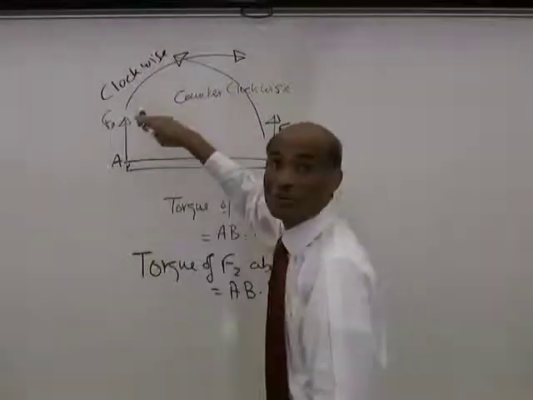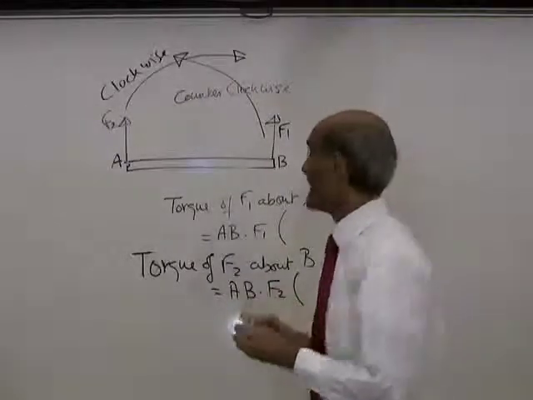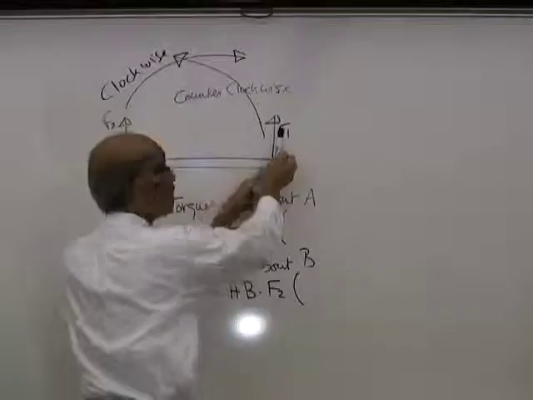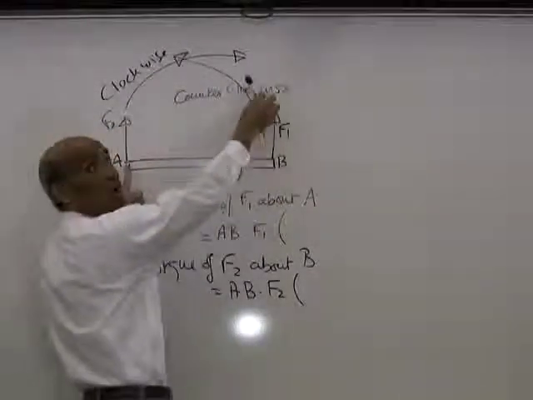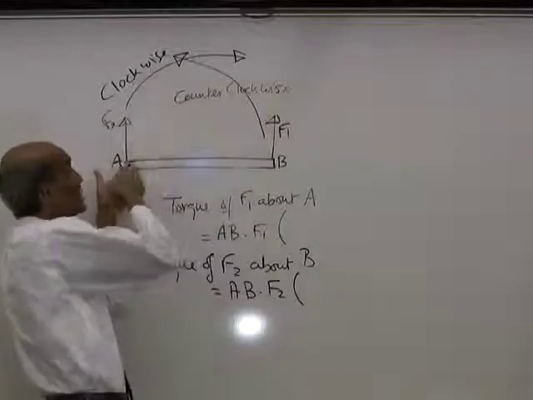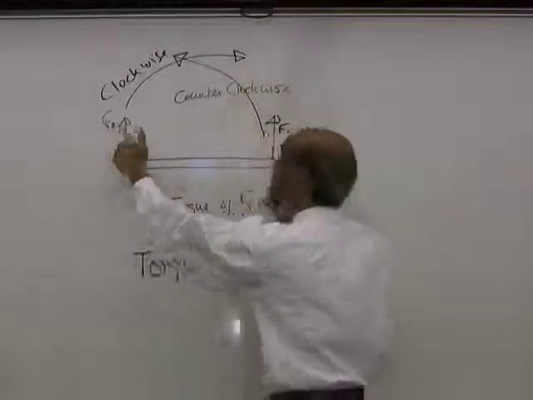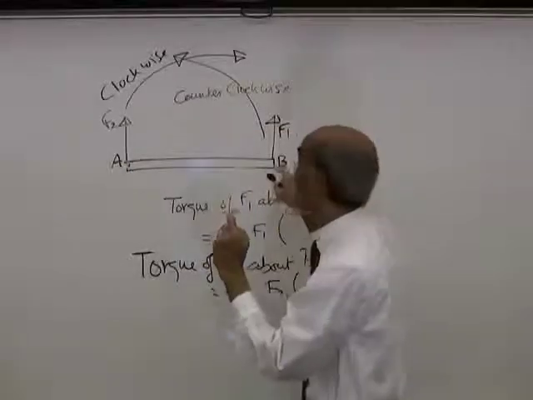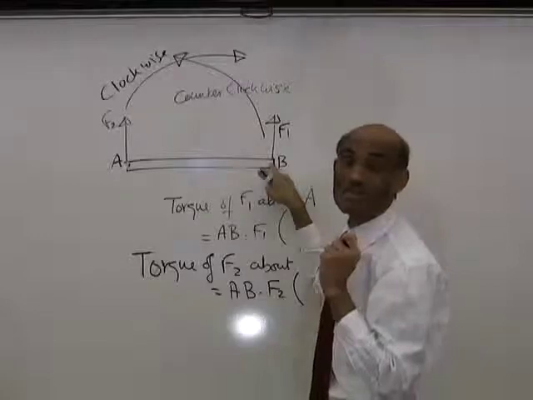That is the direction of motion of the hand of a clock. That means the force F1 can produce a counterclockwise rotation about the point A, and force F2 can produce a clockwise rotation about the point B.